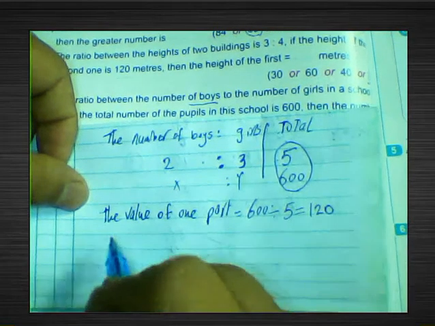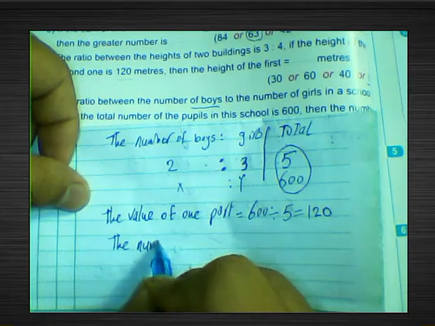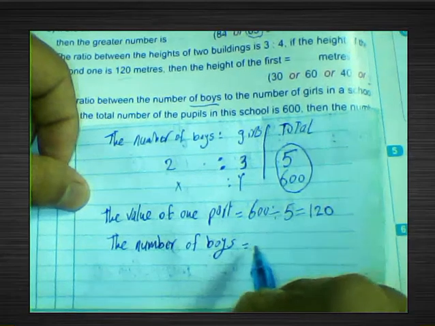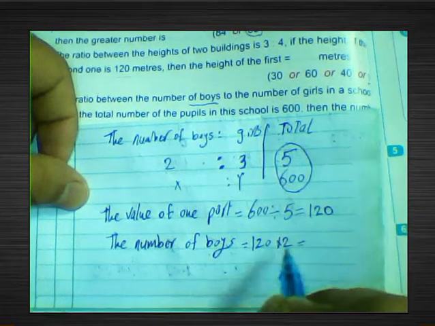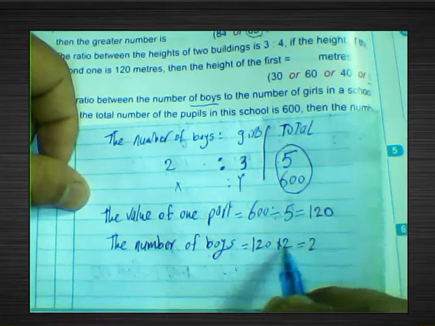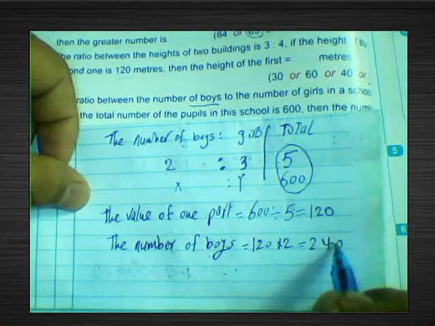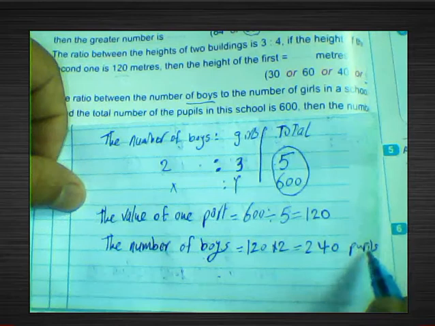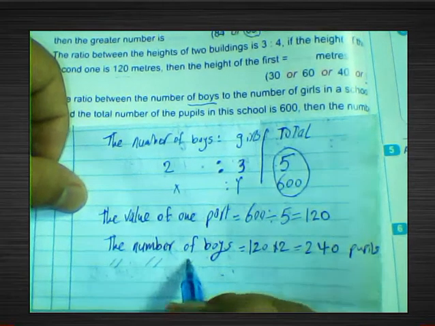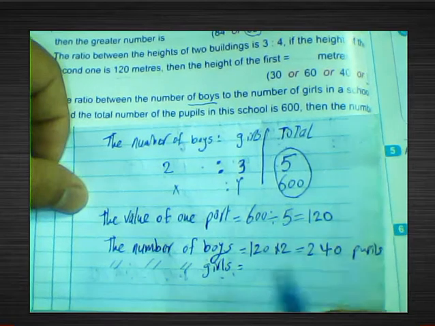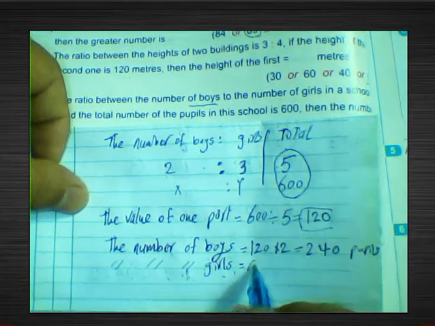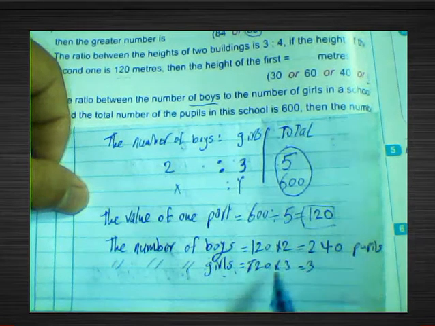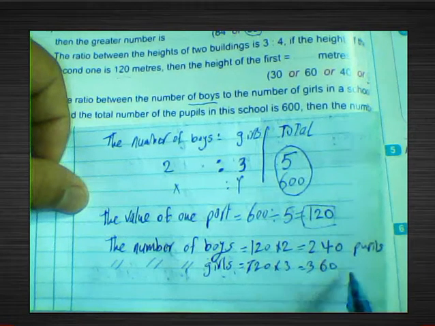Then we can find the number of boys: 120 times 2 equals 240 pupils. And the number of girls equals 120 times 3 equals 360 pupils.